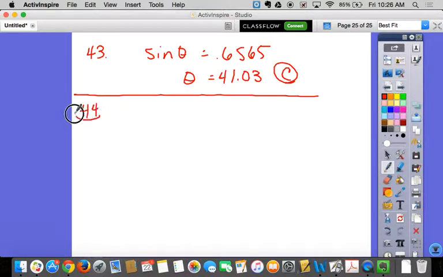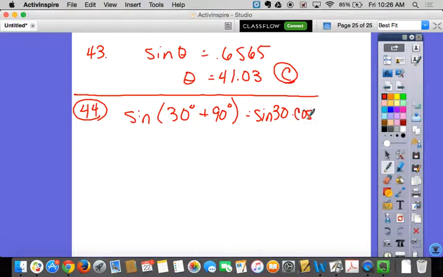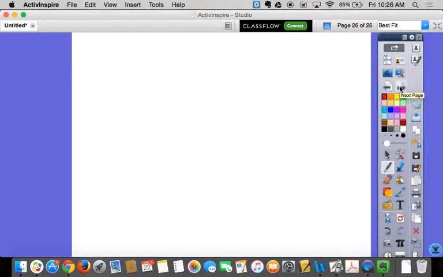Now, on number 44, it says sine of 30 degrees plus 90 equals sine 30 times cosine. Well, I'll tell you what, I'm going to have to rewrite this because I just made a hot mess. 30 plus 90.